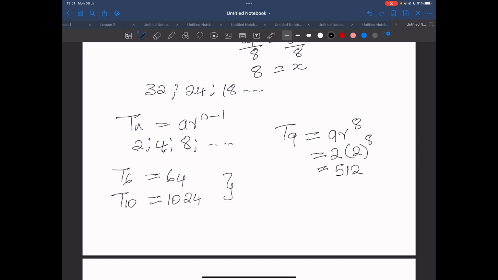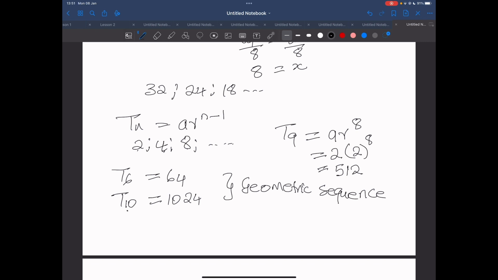So we are told that this is a geometric sequence. It must be stated so that we use the proper formulas. So the sixth term of a geometric sequence is 64, and the 10th term of the same sequence is 1024. So we want the values of A and R.